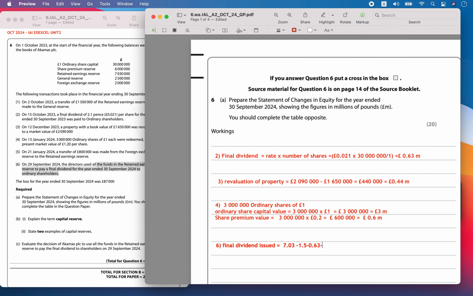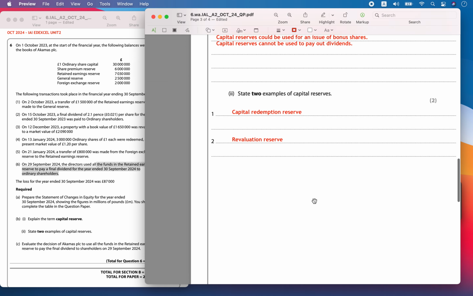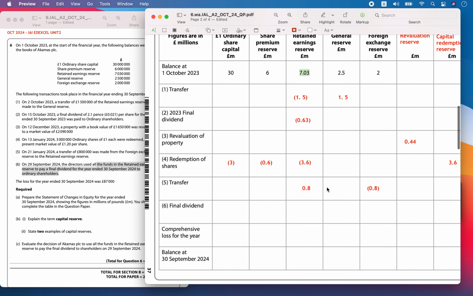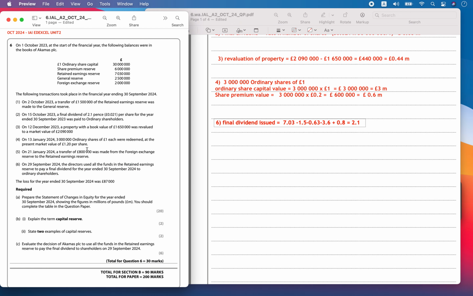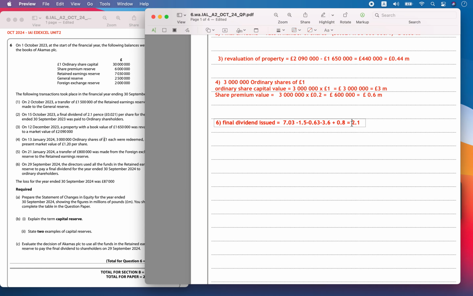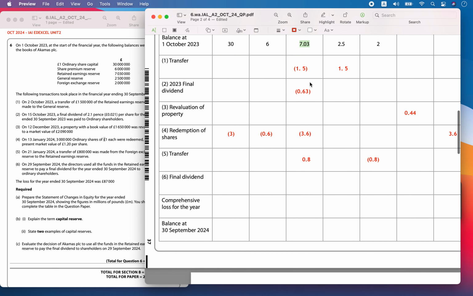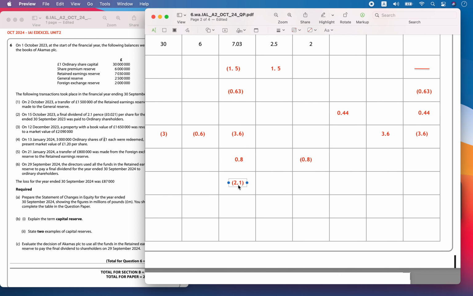Then there was a negative of minus 3.6, and then you have the transfer positive, so plus 0.8, so that is equal to 2.1. So 2.1 million of the retained earnings was left over. So this entire retained earnings they are going to use for paying off the dividend, 2.1 million final dividend to all the shareholders.